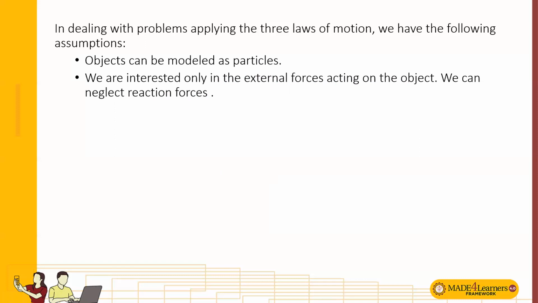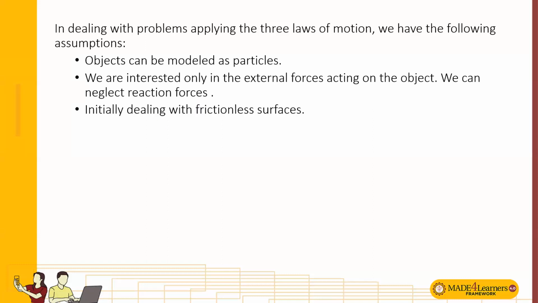If you draw the reaction forces, it's actually a separate free body diagram, because it's now being acted on, another object. So two different free body diagrams for action and reaction forces. We'll be focusing on just one object. What is the effect of the summation of the external forces on that object? So we neglect the reaction forces.